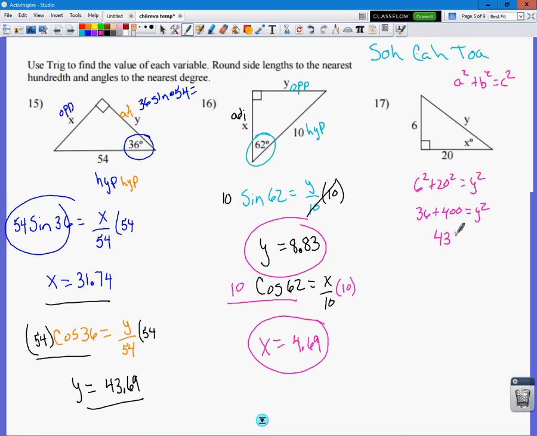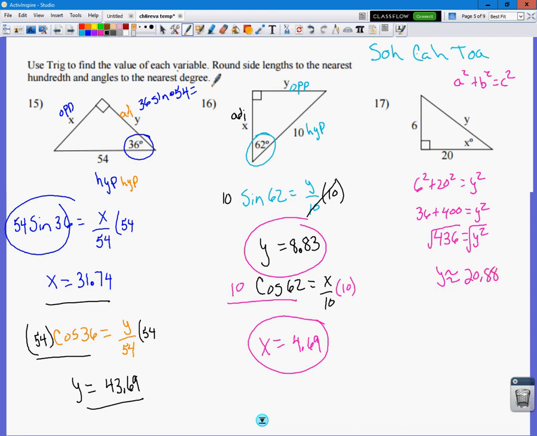So I'm going to end up taking the square root of 436. When I do that, y is approximately equal to 20.88.